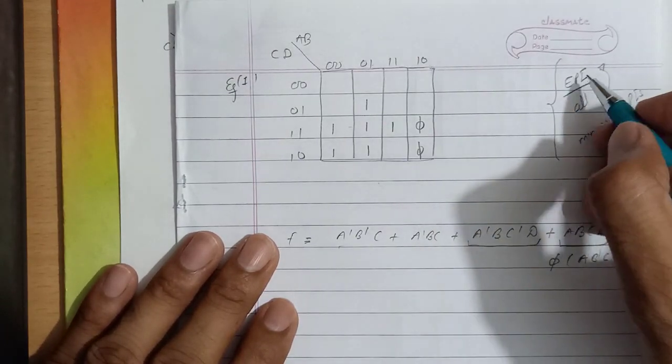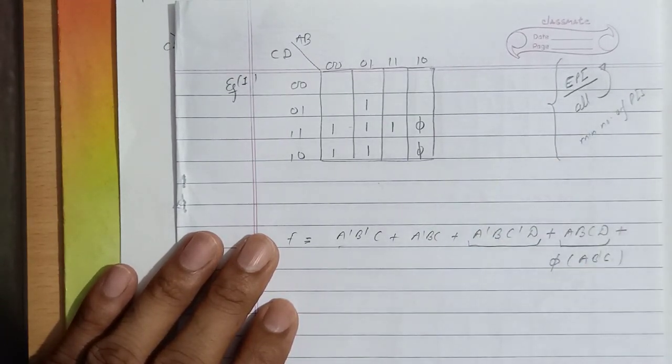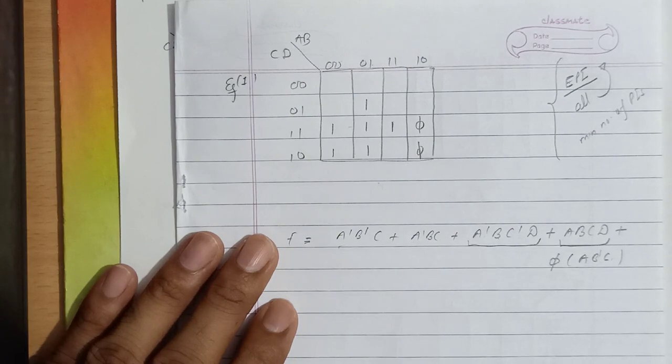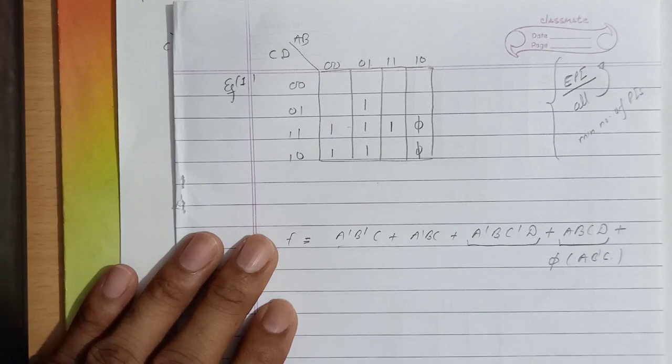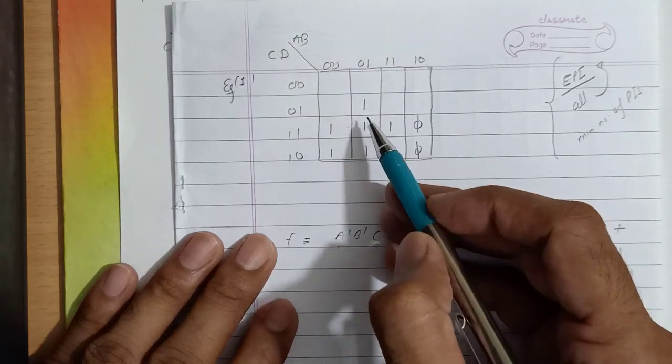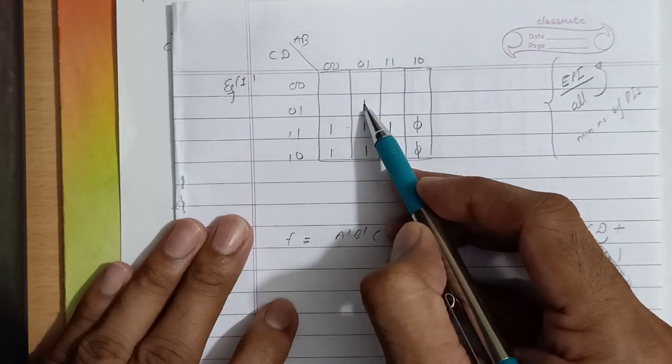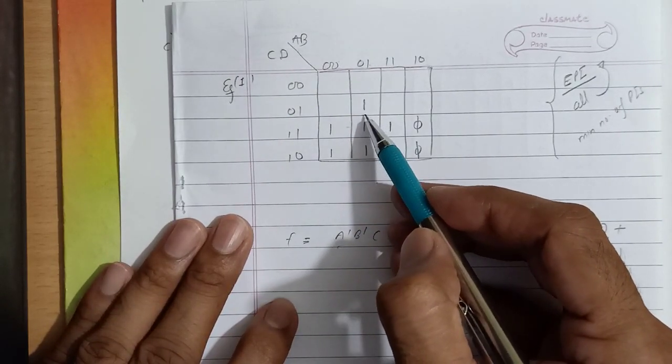So while finding the essential prime implicants, what do we have to do? We have to choose a one so that we can cover the maximum number of ones in order to find the EPIs. Just suppose I am selecting this one. What are the neighbors of this one?